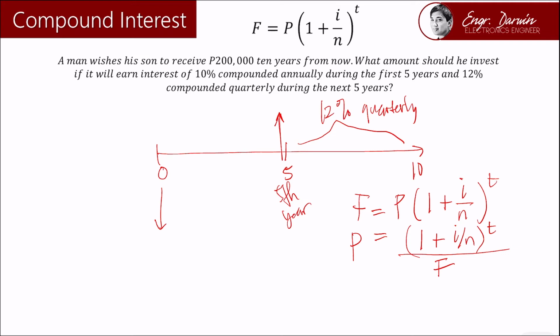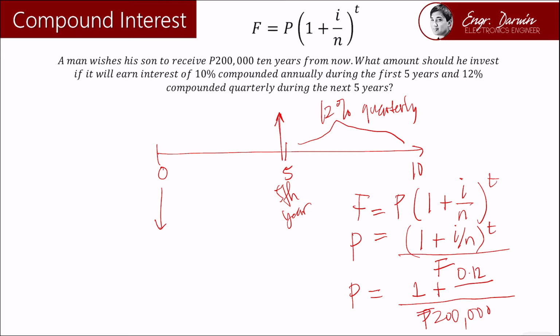Okay, so let's substitute some values, like our future amount is 200,000 pesos. 1 plus interest rate is 0.12, which is 12%.